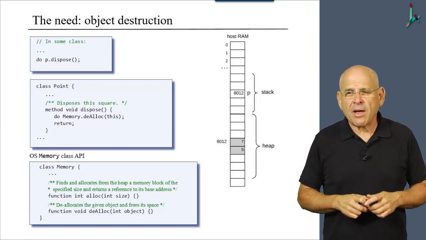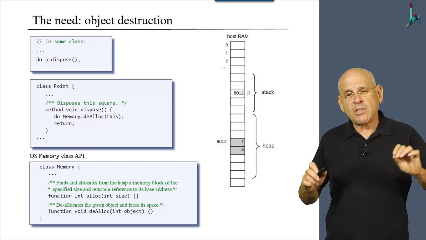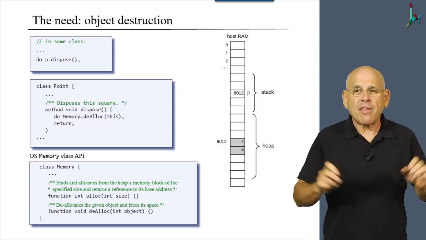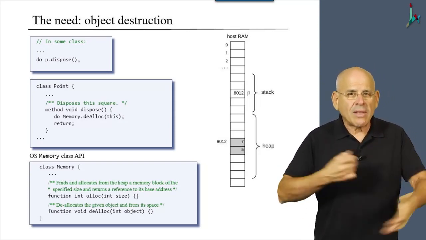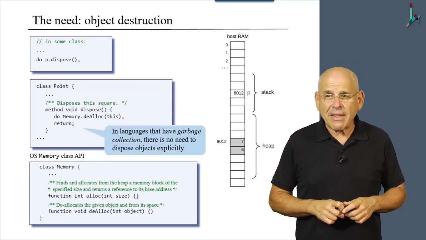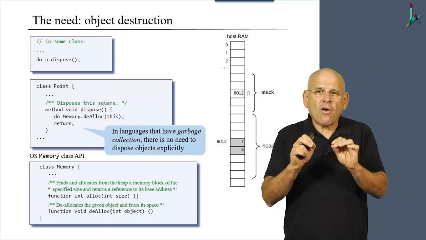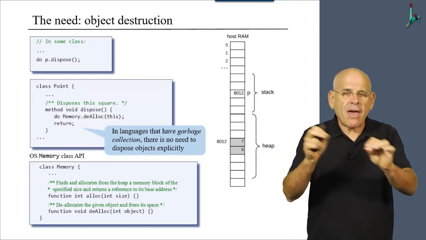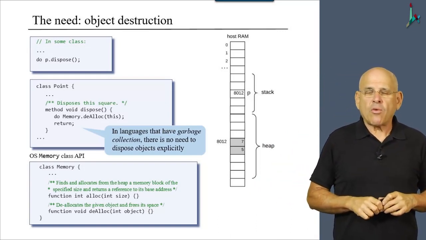Now, some of you who have experience writing code in languages like Java and C# may wonder because you were never asked to actually deal with these things explicitly. And that's because languages like Java and C# have something called a garbage collector, which is a process that runs always in the background and does this thing for you automatically. In other words, the garbage collector keeps track of all the references that are being made to every object that your program creates.